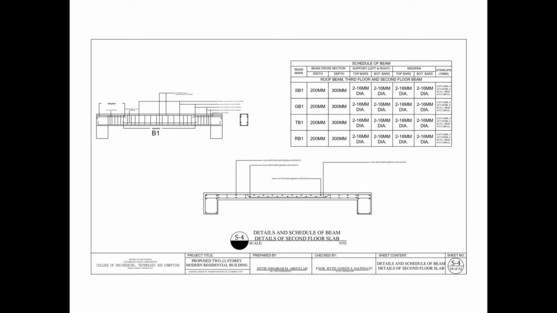For the schedule of beam, there are SB1 or second floor beam 1, GB1 or grade beam 1, TB1 or tie beam 1, and RB1 or roof beam 1, which all have the same dimensions.